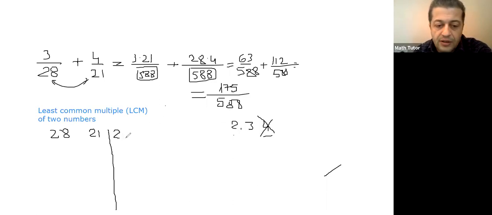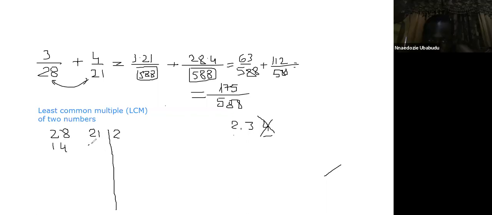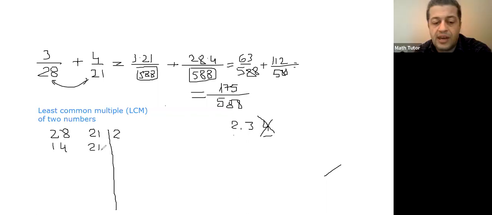Don't worry if one of the numbers cannot be divided by 2. As long as at least one of the numbers can be divided by 2, we continue. So we have 28 divided by 2, it is 14. But 21 is written again in this form because it cannot be divided by 2.